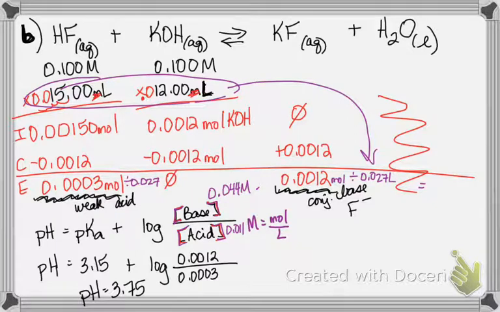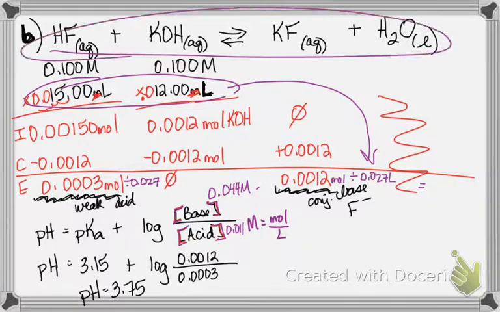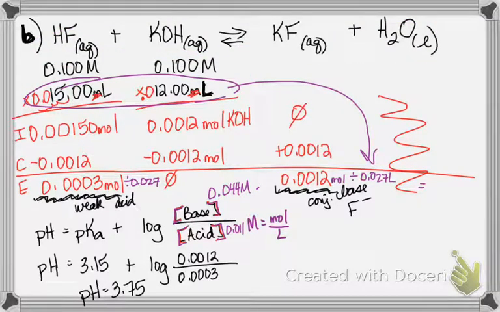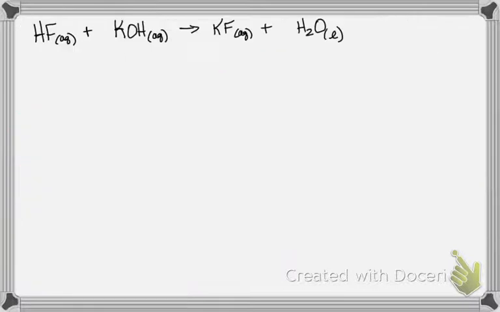So I'm going to rewrite this balanced equation with my information under it to solve C part. So you guys pause the video and set all that up, and then start the video and see if you have what I have.